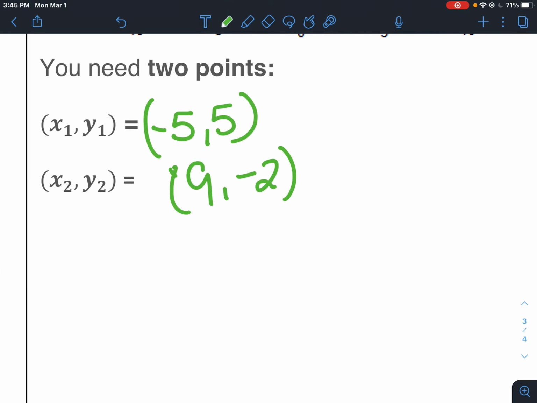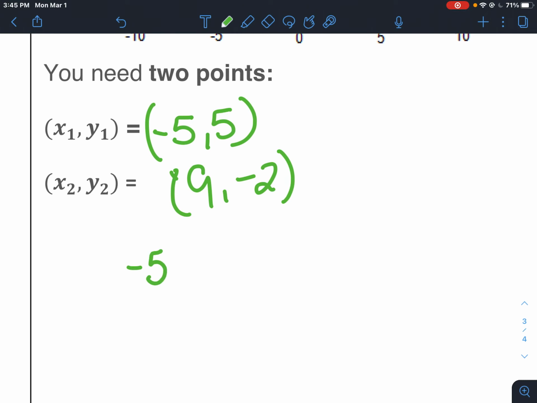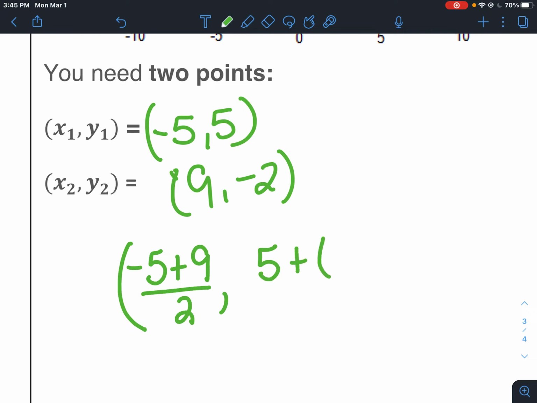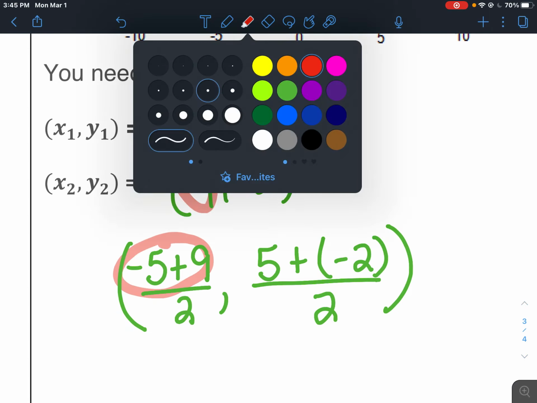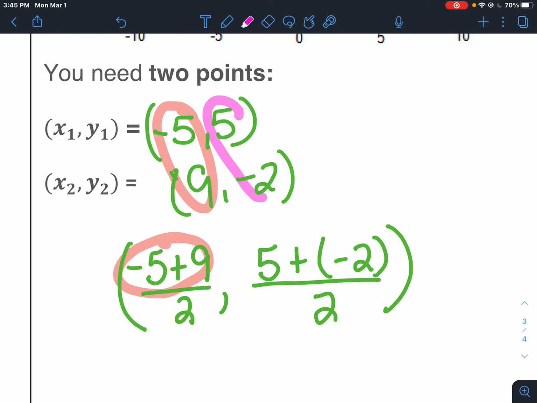So we'll add our x's, -5 plus 9 divided by 2, comma, we'll add our y's and divide by 2. So y's 5 plus -2 divided by 2. Again, I added my x's and I added my y's right there.